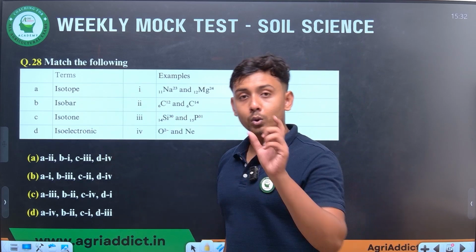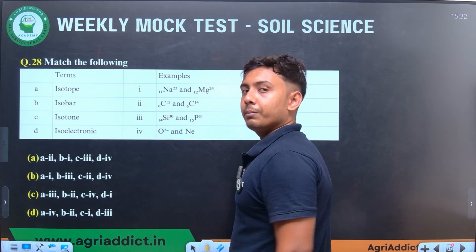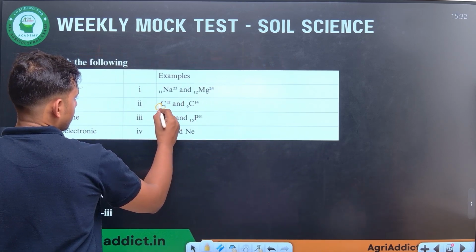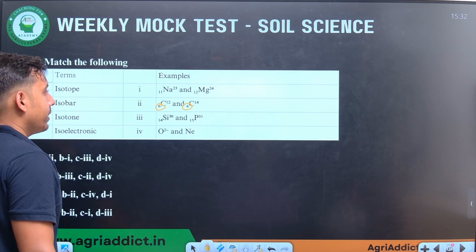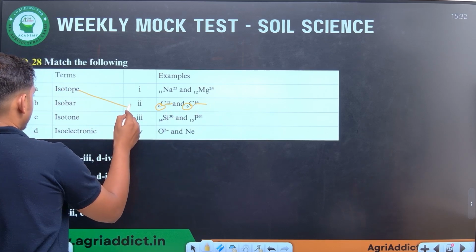isotope means the proton number will be the same, but the mass number, that is neutron plus proton, will be different. So here the proton number is 6 in both, but the mass number is 12 and 14. So this is isotope.